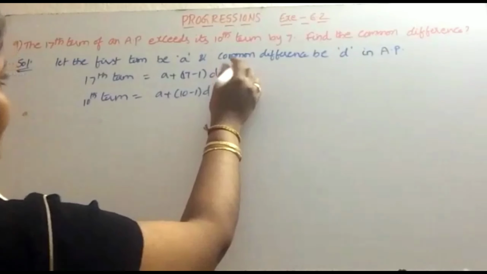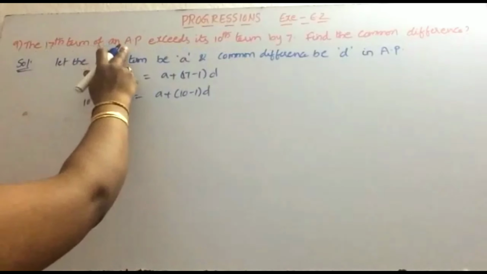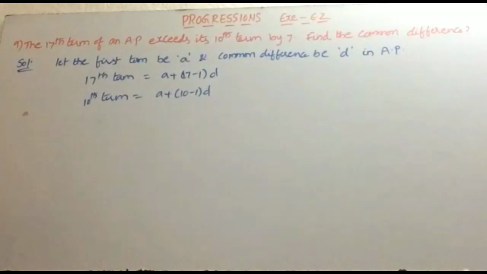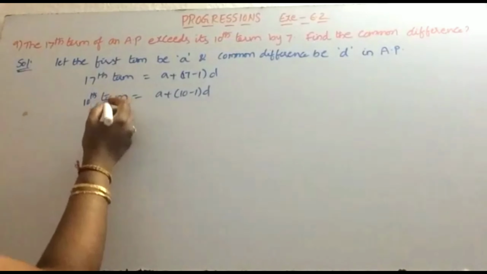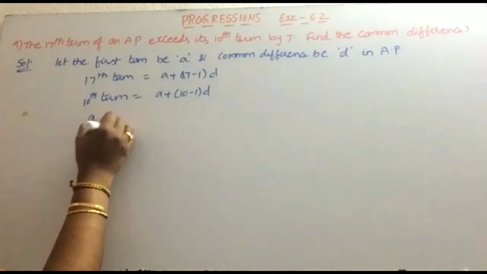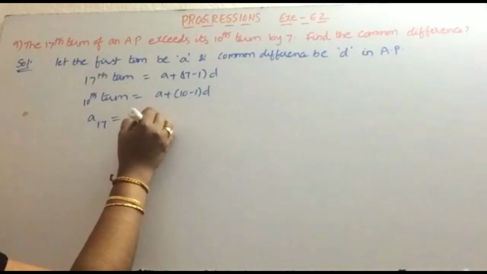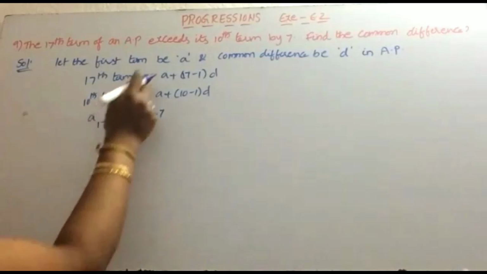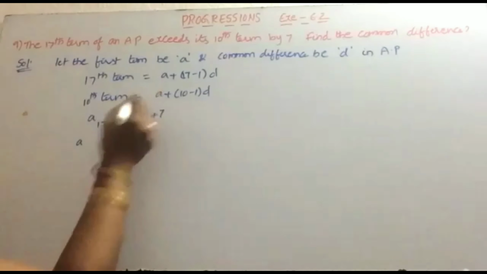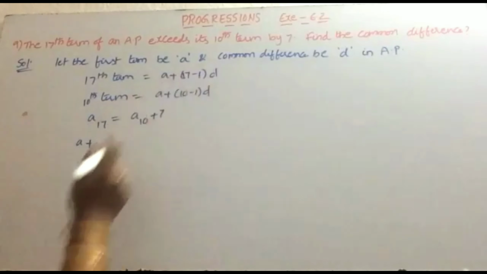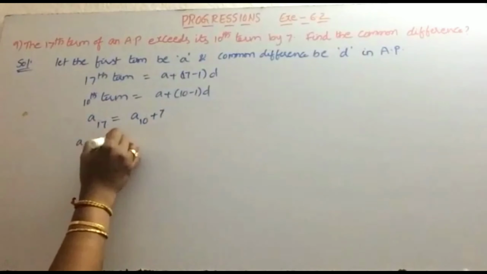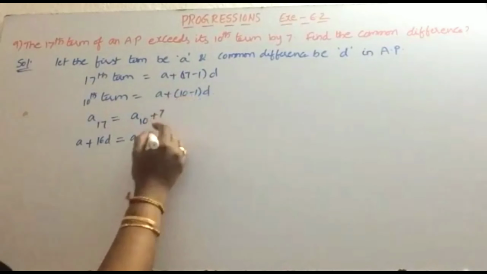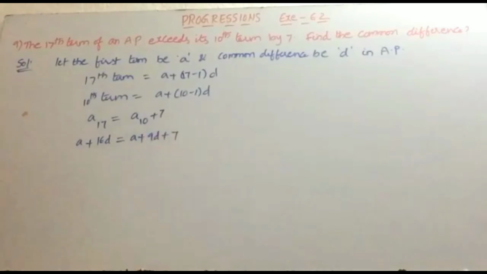From the question, the 17th term of the AP exceeds its 10th term by 7. So we write A17 is equal to A10 plus 7. That means A plus 17 minus 1 into D, that is 16D, is equal to A plus 9D plus 7.